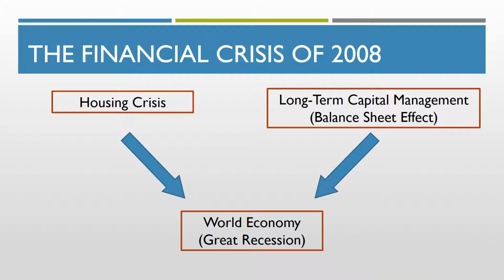So at the end of the day, many economists agree the causes of the Great Recession in 2008 are two. Number one, the regulations around what we call long-term capital management, which has a balance sheet effect in the economy, with companies, firms and businesses trying to invest in very risky assets. And of course, the housing crisis served as a trigger that caused the failures of the banks and the financial system.